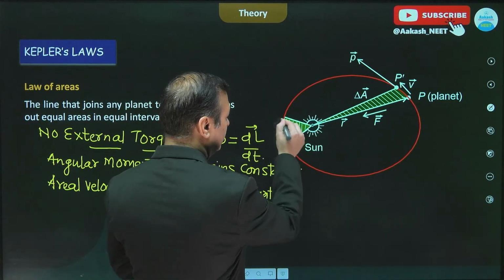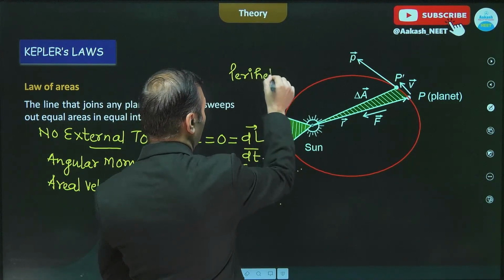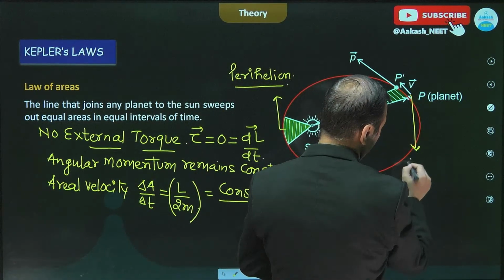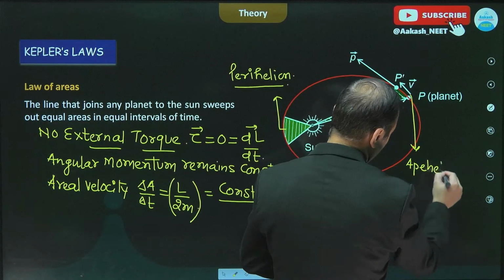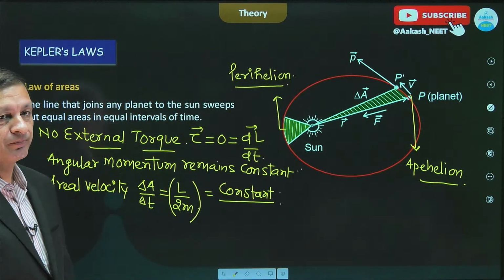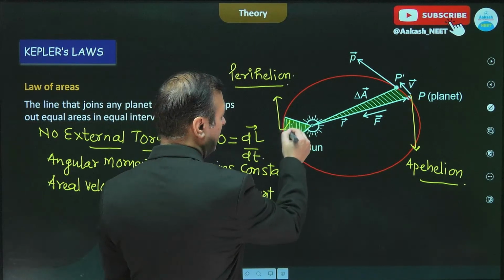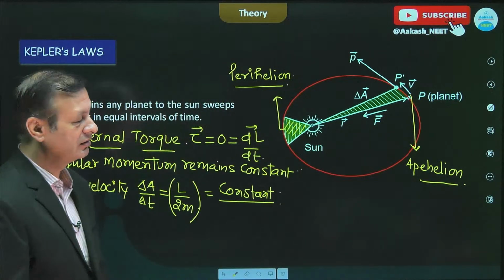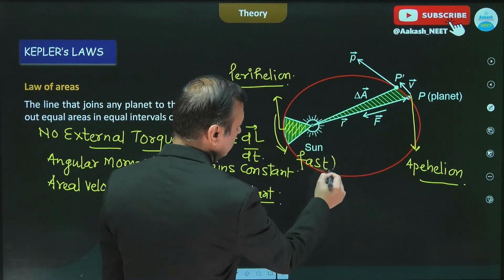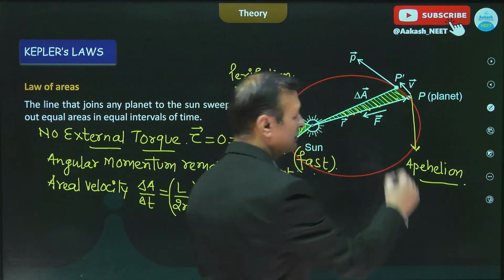When your planet is at nearby position, this is perihelion, and when it is away, this is your aphelion position. Got it? Now, to keep the aerial velocity constant, a planet has to sweep out more area. It means planet has to move fast when it is at perihelion position, and it sweeps out equal areas in equal intervals of time.